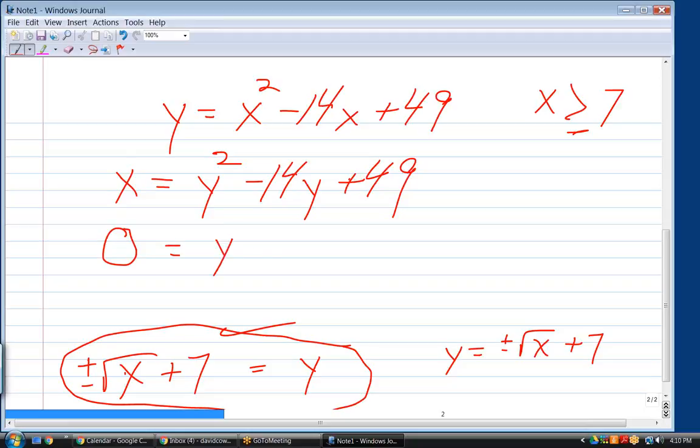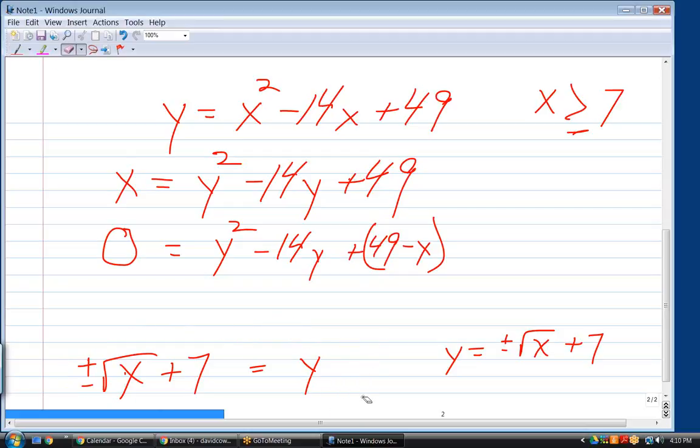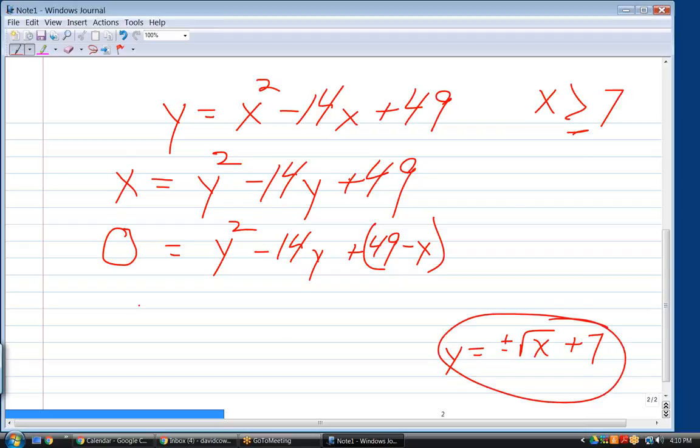Let's see if we get the same answer. I'm a little curious. If I treat x as a constant, that's what I have. You with me? Yeah. Well, now I have a quadratic equation that's equal to 0. I can solve for y by using the quadratic formula. I bet I get this same answer.